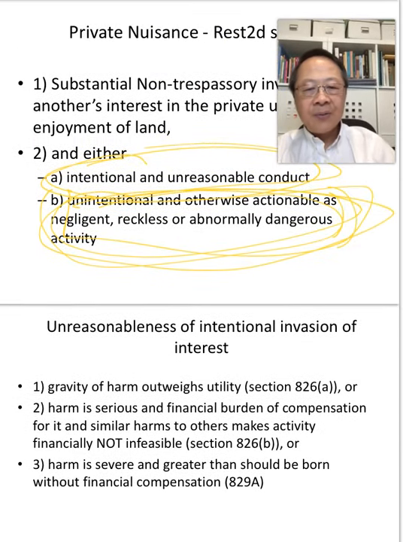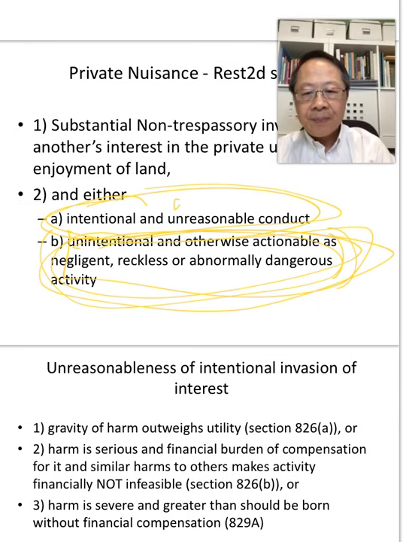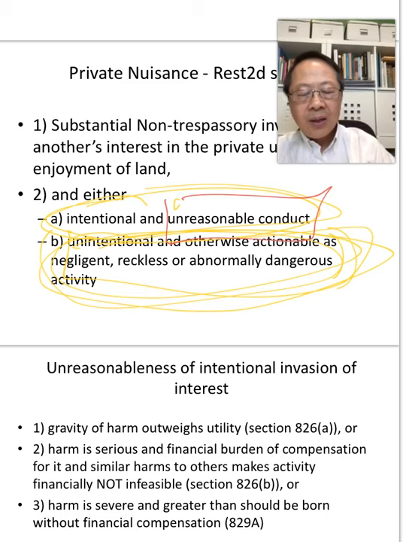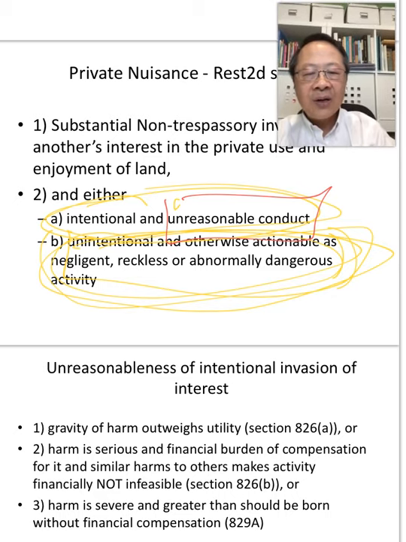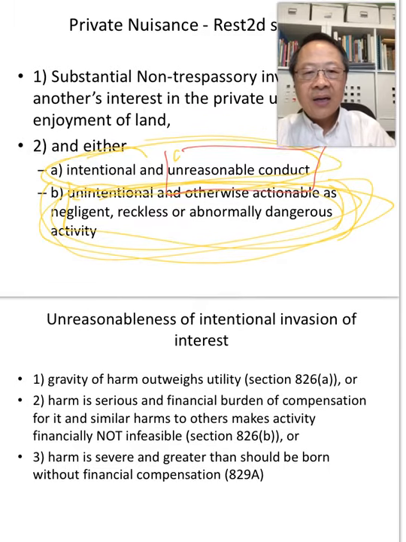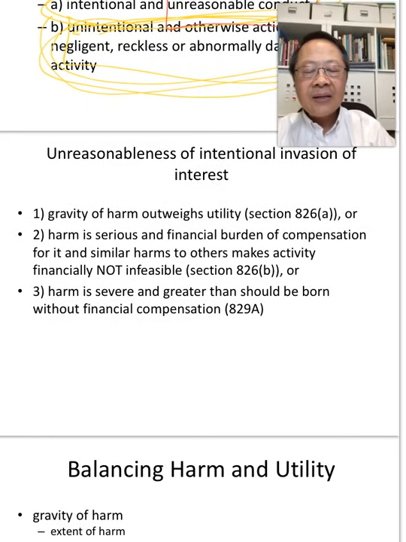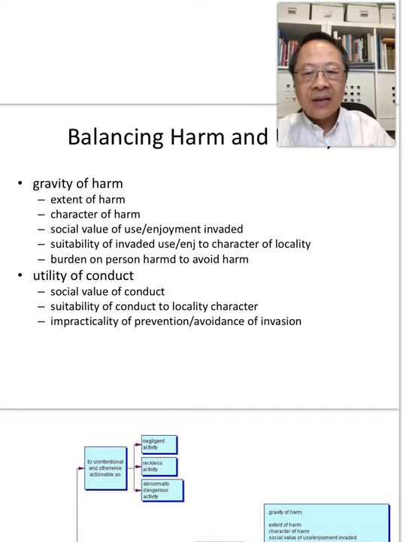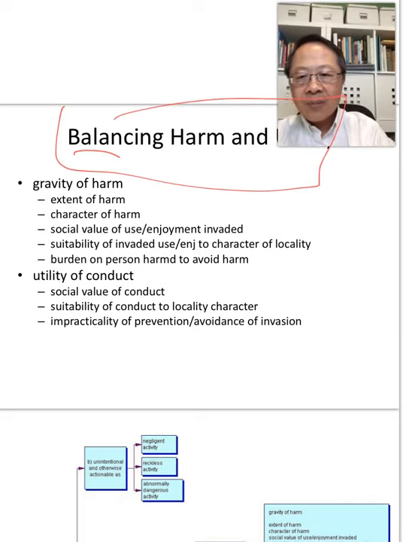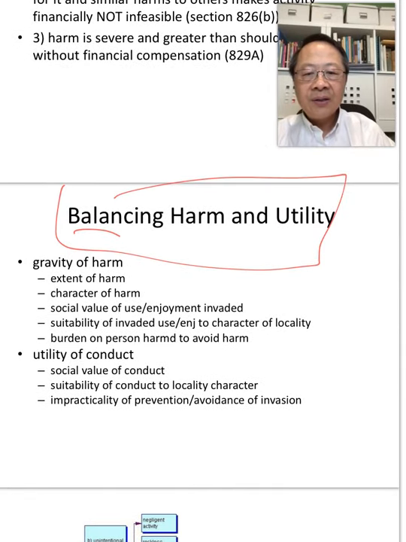The unreasonableness component here of the first prong is addressed in ways similar to what you've encountered in the negligence context of your torts class, and that it is usually, I'm going to skip to this particular slide here, addressed usually through some form of balancing of the harm and the utility of the conduct.